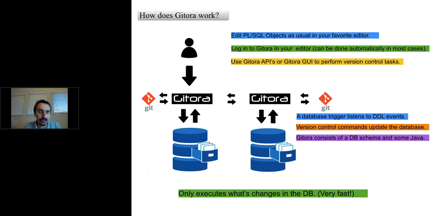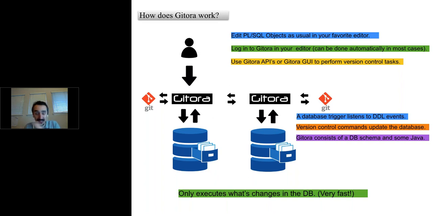It's a bidirectional communication, because if you're going to issue version control commands, such as reverting back to a previous commit point or merging, for those commands, Gitora is going to communicate with Git first, find out which PL SQL objects have changed due to this command, and apply those changes to the database. And only the changes are applied.